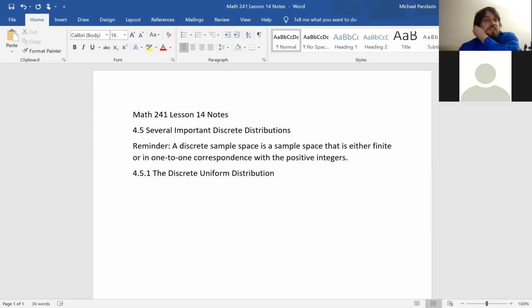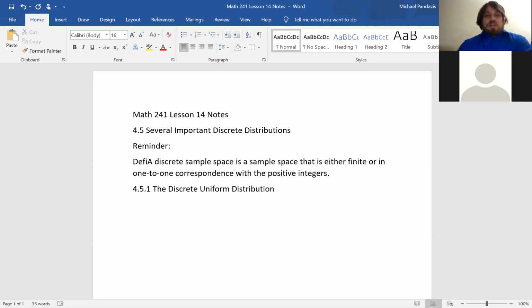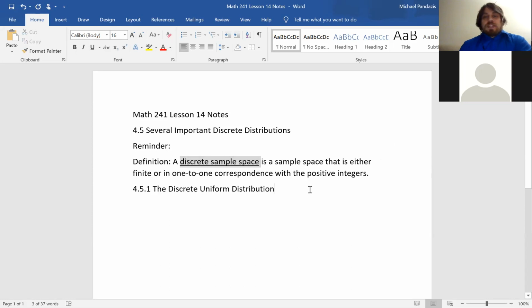Okay, so that's the definition of a discrete sample space. So as a reminder, definition, a discrete sample space is a sample space that is either finite or in one-to-one correspondence with the positive integers. Okay, so 4.5.1, the discrete uniform distribution.